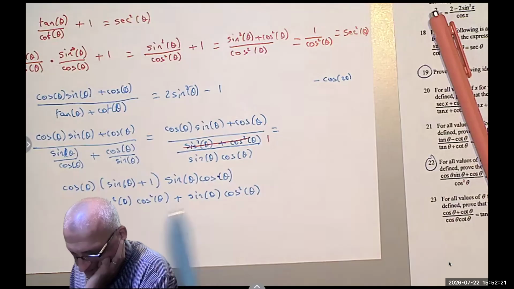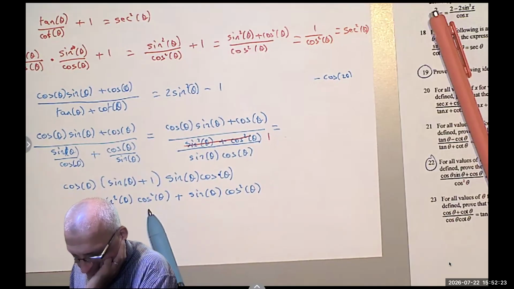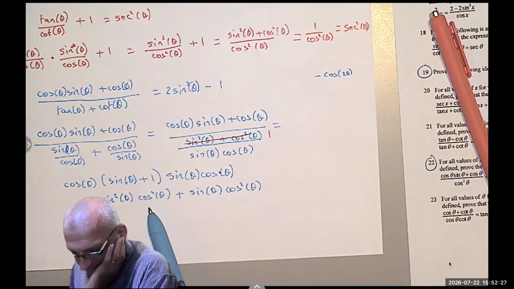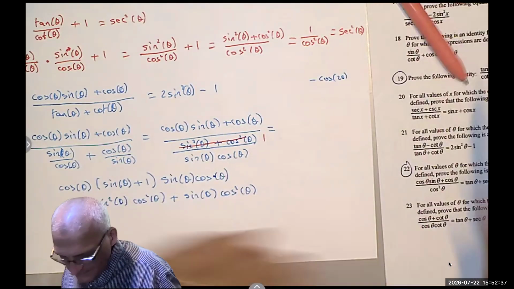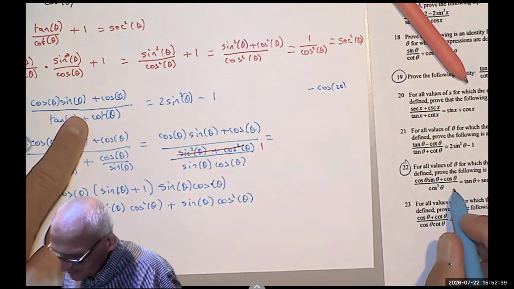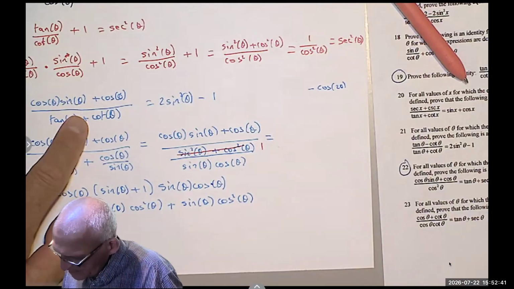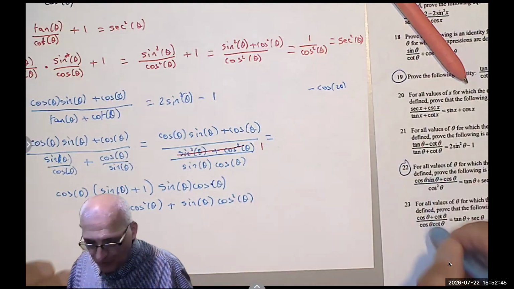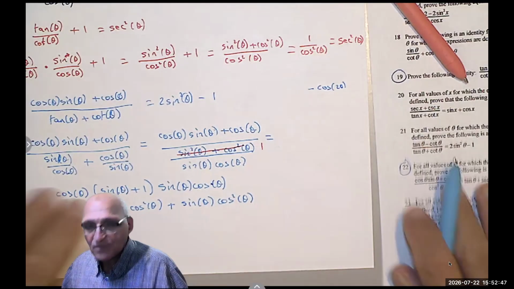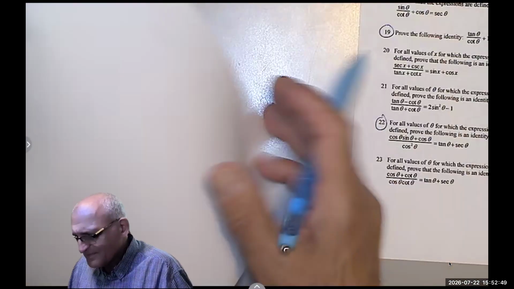Should I do this as 1 minus sine square? No. Oh, where did I get the right hand side? I confused 22 with 23. I combined them, oh God. That doesn't make any sense.